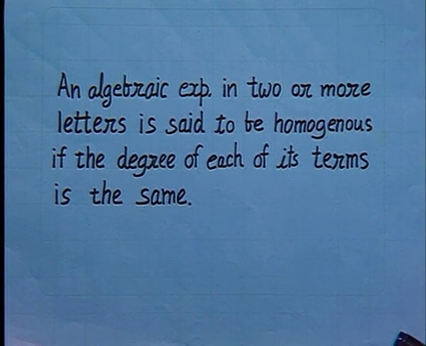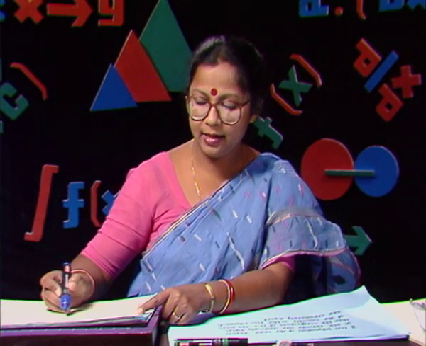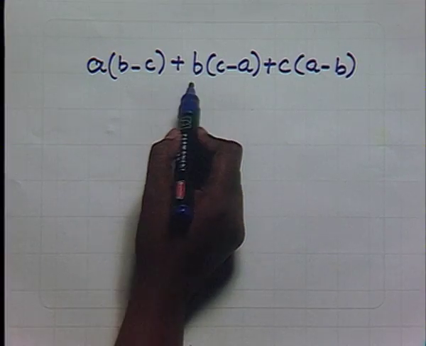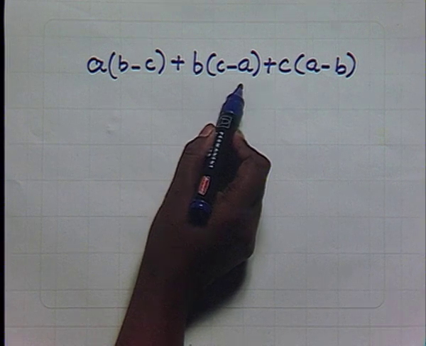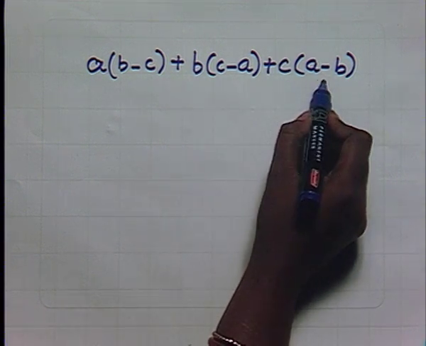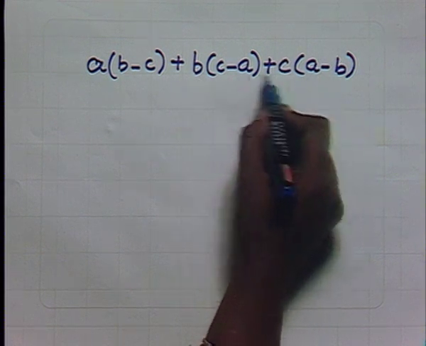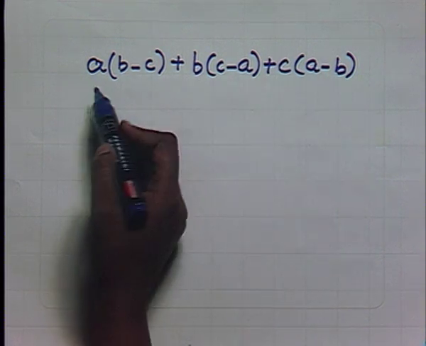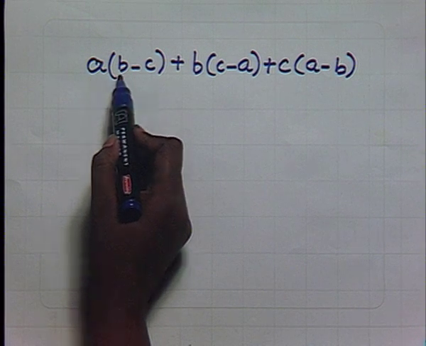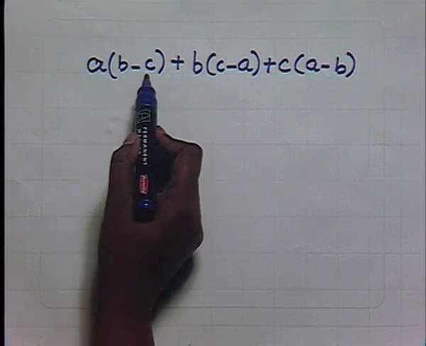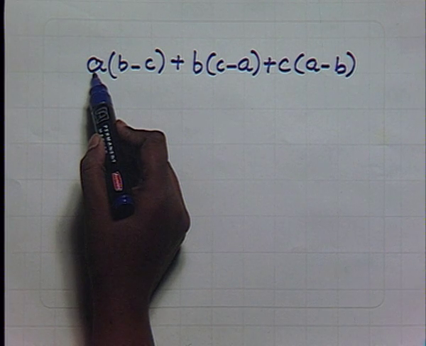Now, consider the expression a into b minus c plus b into c minus a plus c into a minus b. Observe this expression carefully. What will happen if we replace a by b, b by c and c by a in the first term?